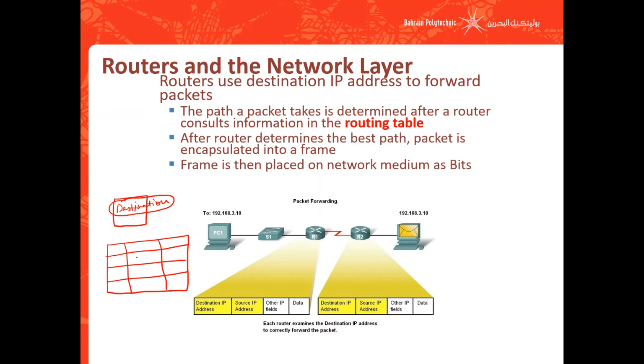So let's say it can connect to 192.168.1.0, then 192.168.2.0, and then 192.168.3.0. So this particular router knows about this network, this network, and this network, and all the devices connected to these networks. This is the use of the routing table: to know what networks this particular router can forward to.